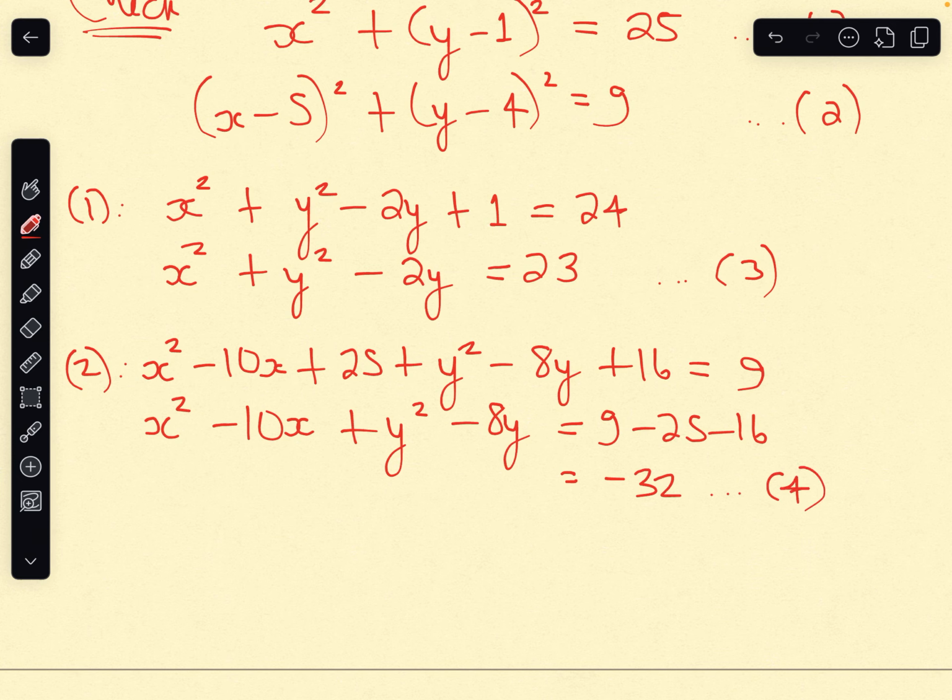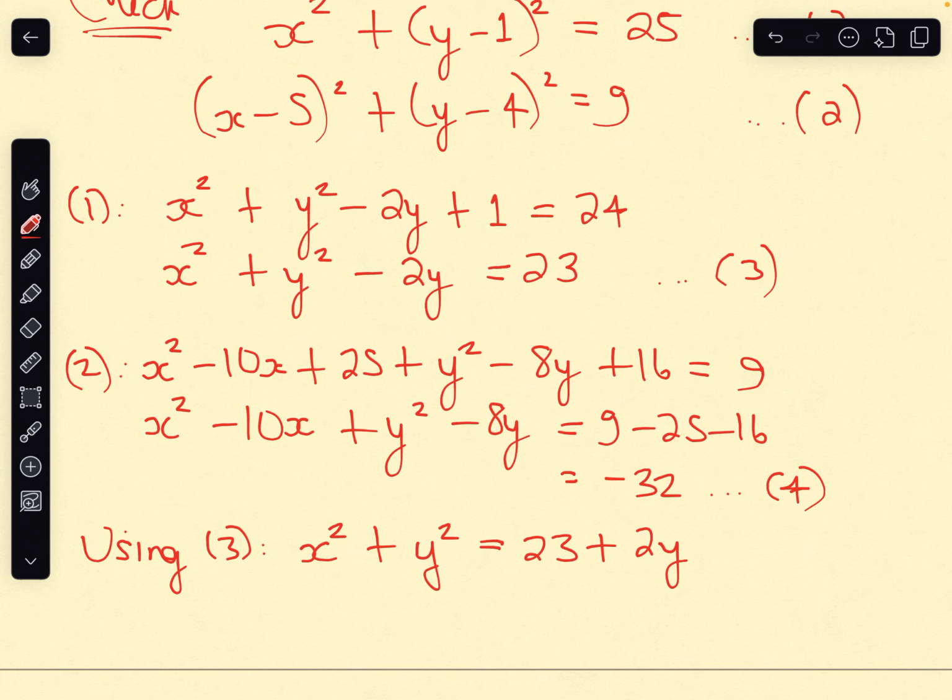Right. So the nice thing that we can do here is identify that there's an x squared plus y squared in this equation. There's also an x squared plus y squared in this equation, right? So using 3, we can rewrite the equation as x squared plus y squared is equal to 23 plus 2y.